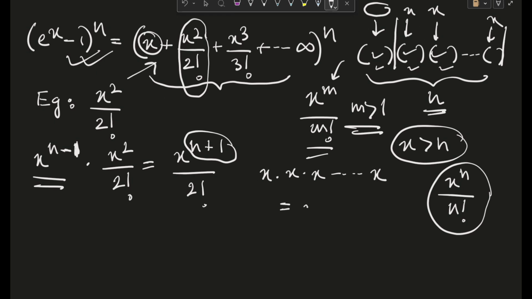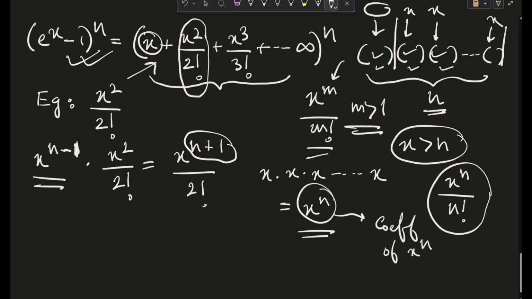So x power n is the only case where we can obtain our x power n. And now, what will be the coefficient of x power n here? We are taking x from each of these brackets, and the coefficient of x is 1, so the coefficient of x power n will also be 1.